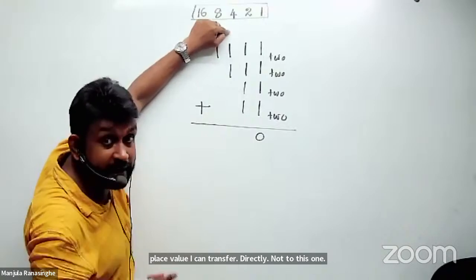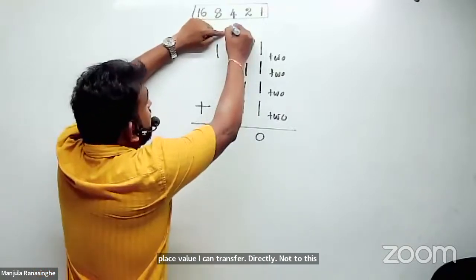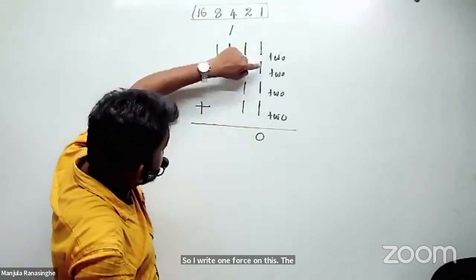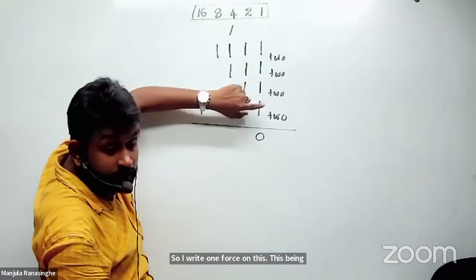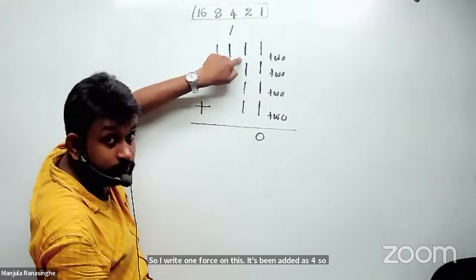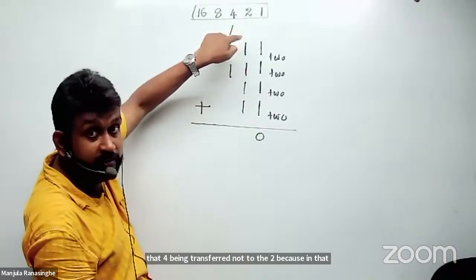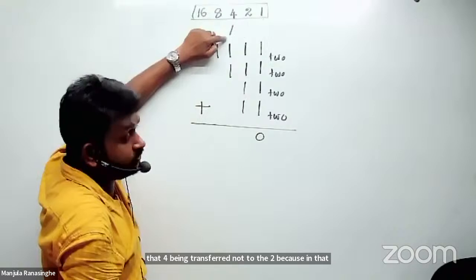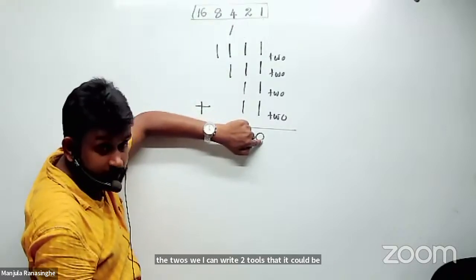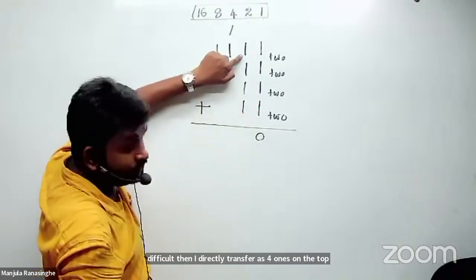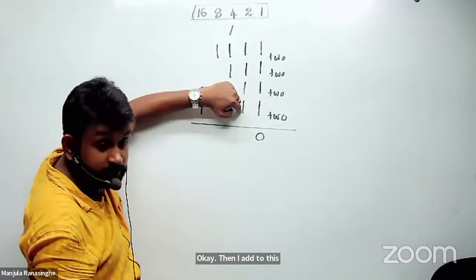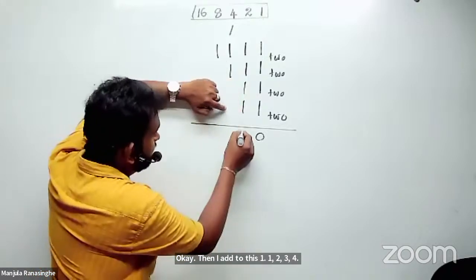This one is one four, so I write one on the fours place. The answer here is being added as 4, so that 4 is not transferred to the twos, because then I would have to write 2 twos and it would be difficult. So I directly transfer as 4 ones on the top here, and it becomes 0. Then I add to this one, 1 2 3 4, again fours, right? Then I put zeros.